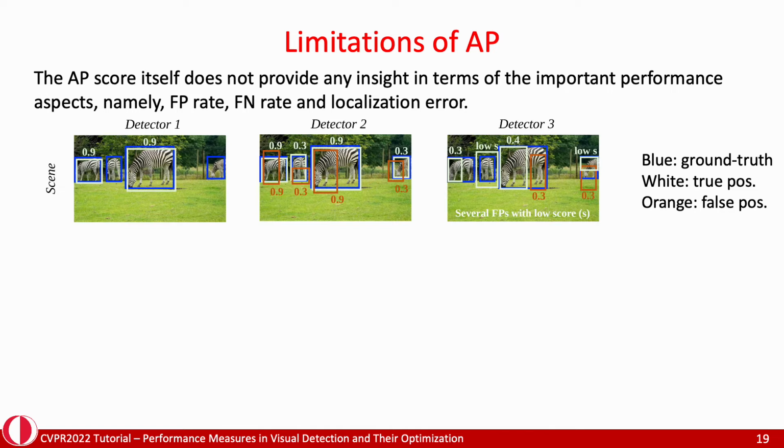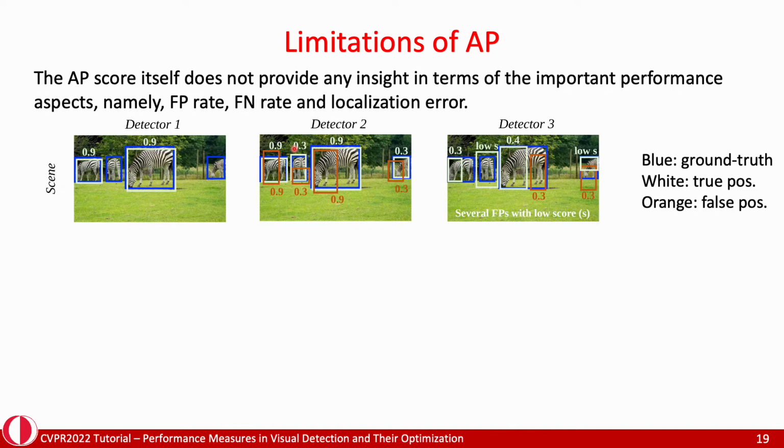For example, in the first one, let me open the laser pointer. In the first one, there are two true positives with very high intersection over unions, but two other objects are missed, this one and that one. In the second detector, all four objects are successfully detected, but some of them with low confidence scores.